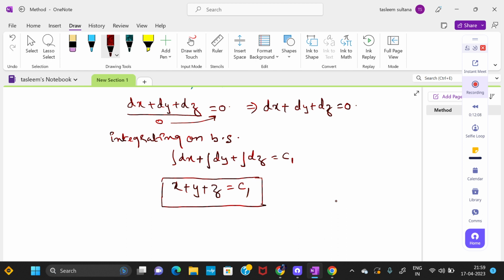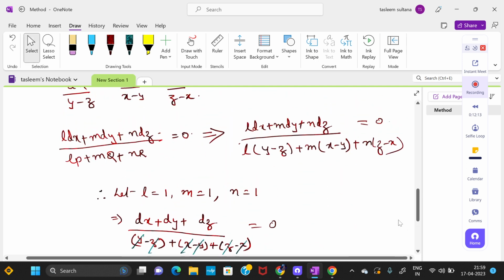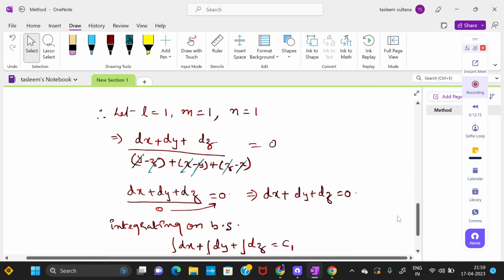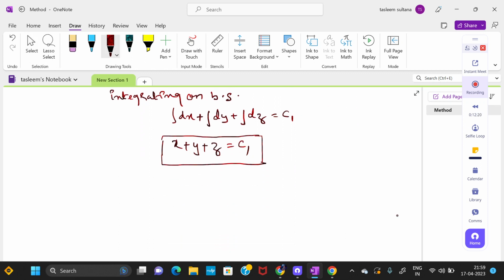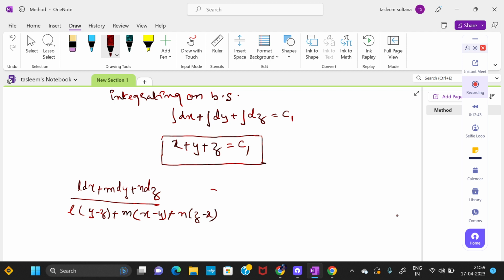Now for the second one, we choose L, M, N so that it is going to be 0. Again, we need two more solutions for writing the general solution. So one is over. Once again I will write that: L dx plus M dy plus N dz divided by L into (y minus z), plus M into (x minus y), plus N into (z minus x), equals 0.